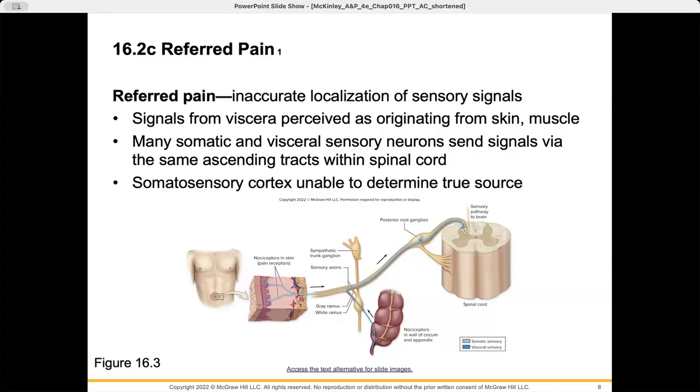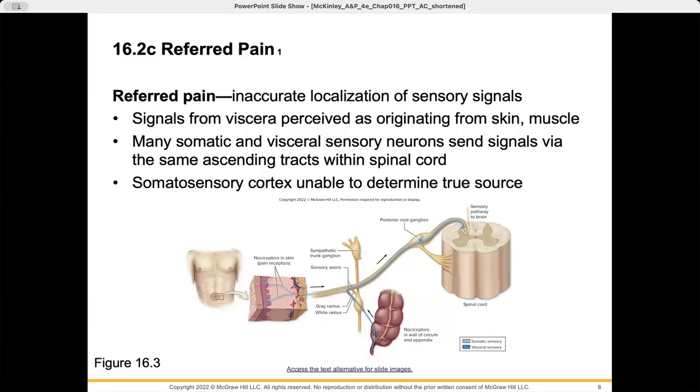Essentially, what referred pain is you feeling pain in one part of the body, but it's not actually that part of the body that's hurt. It's the internal organ that is sending signals through the same sensory neural pathway. A really good example of this, and we have an example here as well, but which I'll go through, is when someone has a heart attack.